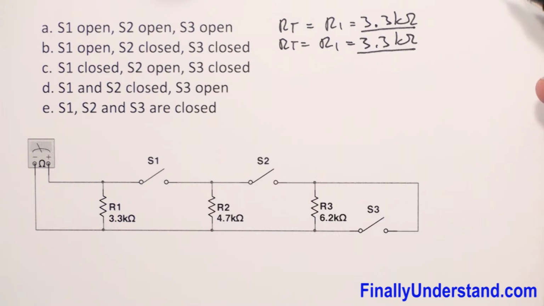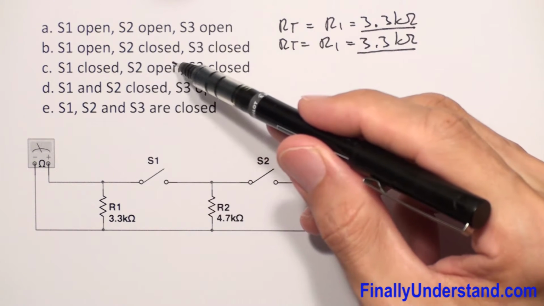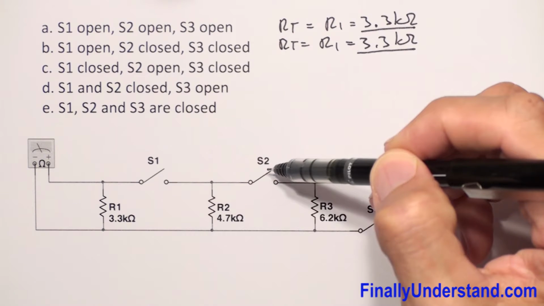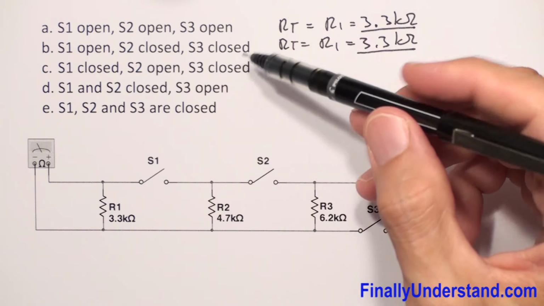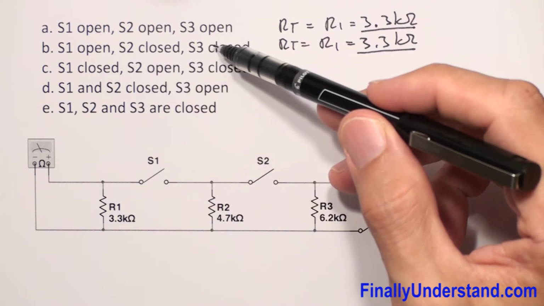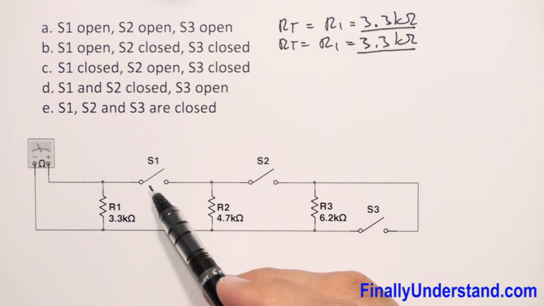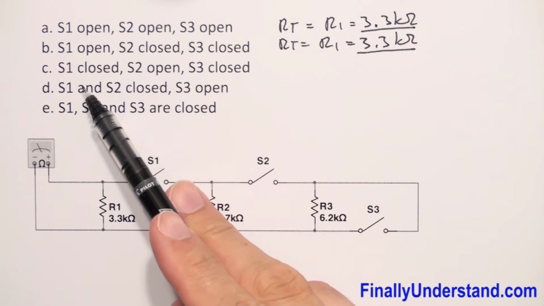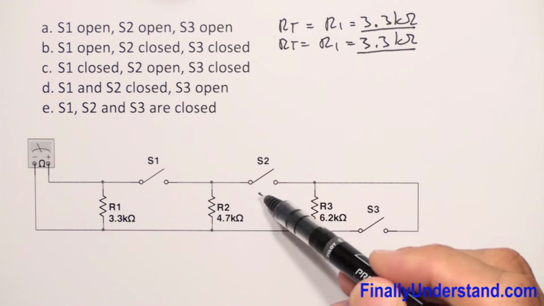Okay, section C. S1 is closed, S2 is open, and S3 is closed. So switch 1 is closed, switch 2 is open.